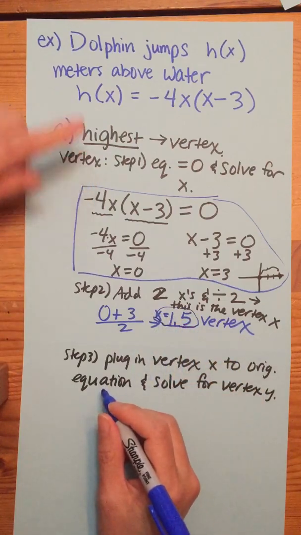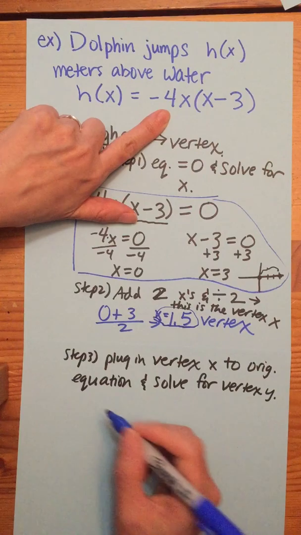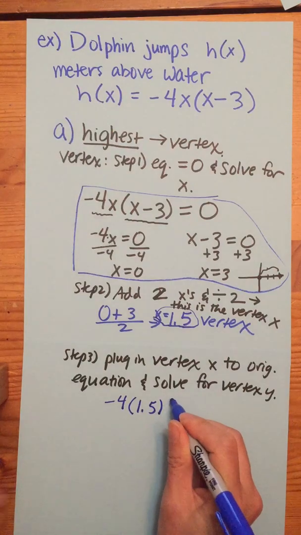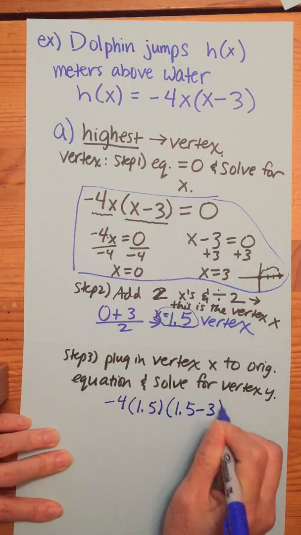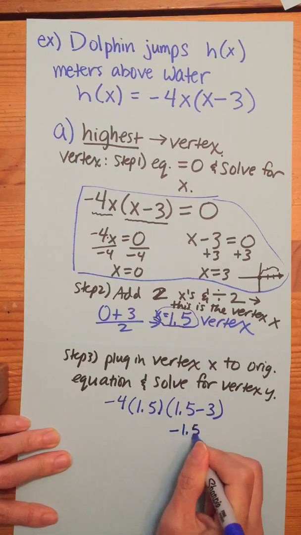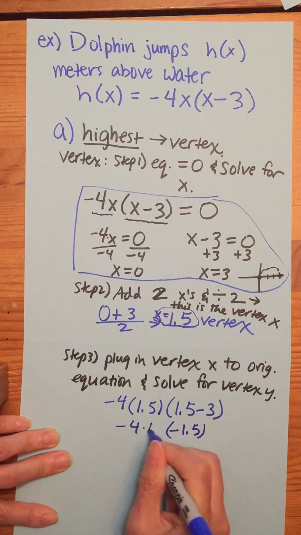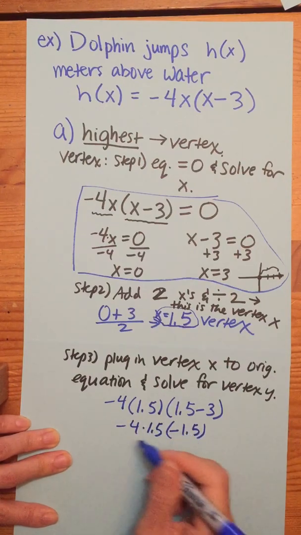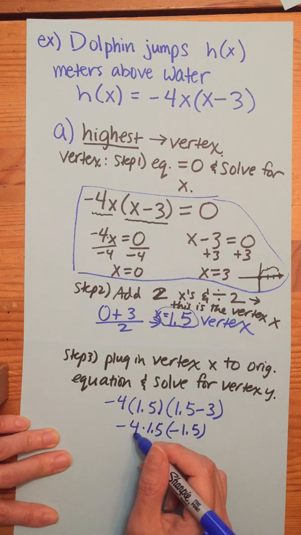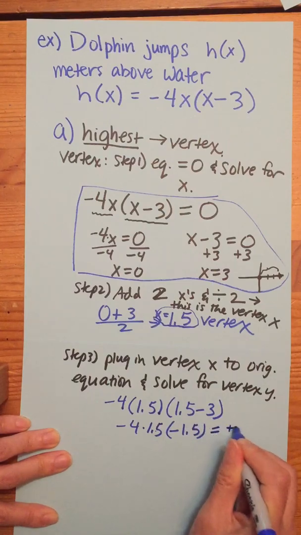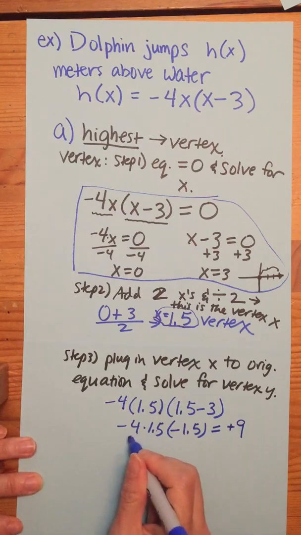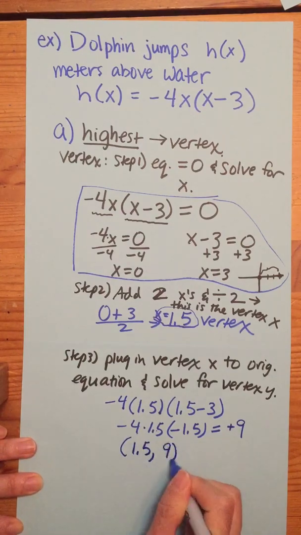So I plug that into my original equation: negative 4 times 1.5 times the parentheses 1.5 minus 3. 1.5 minus 3 is negative 1.5. Negative 4 times 1.5 times negative 1.5 is 2.25 times 4, so that's 9, positive because negative times negative is positive. This is the y value of my vertex. So my vertex is 1.5, comma 9.